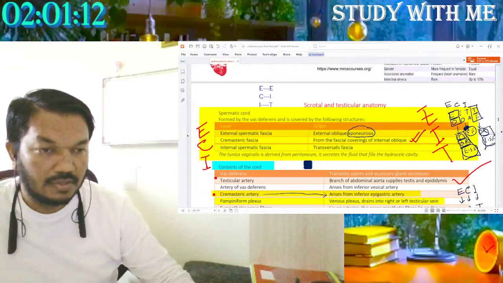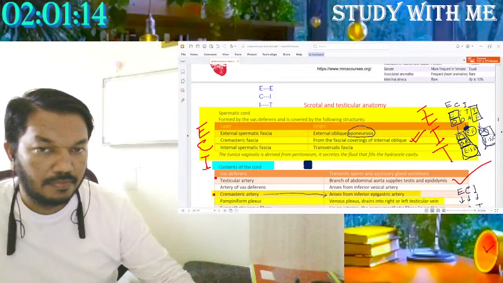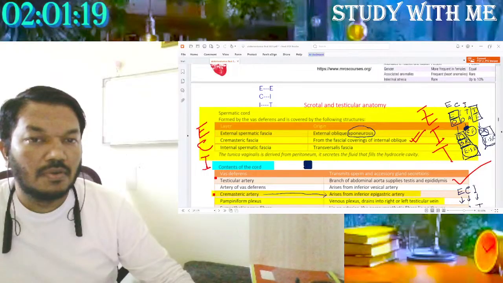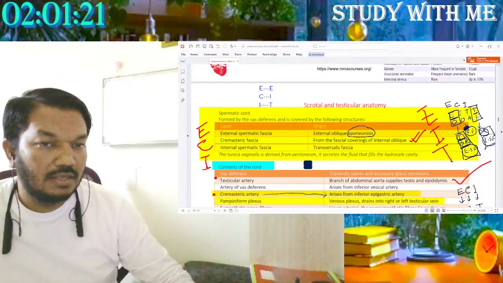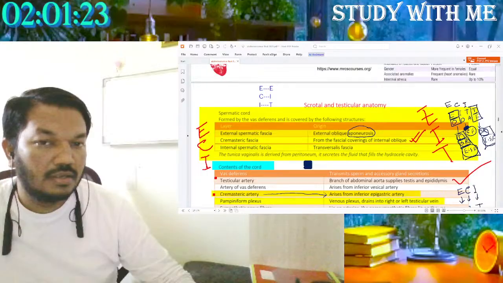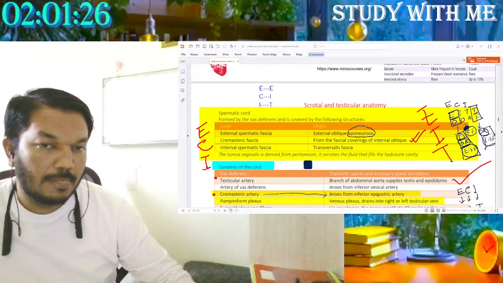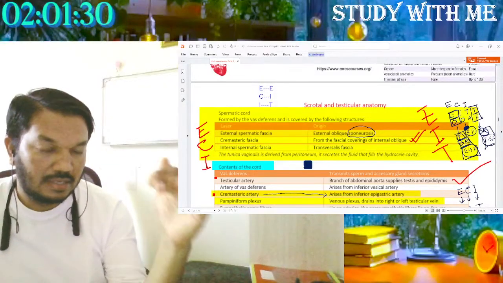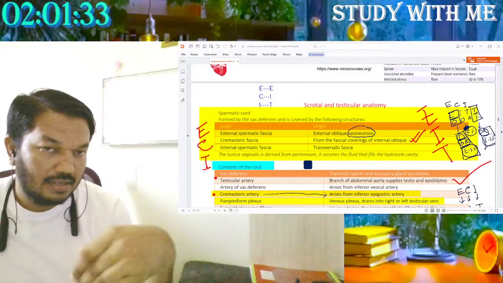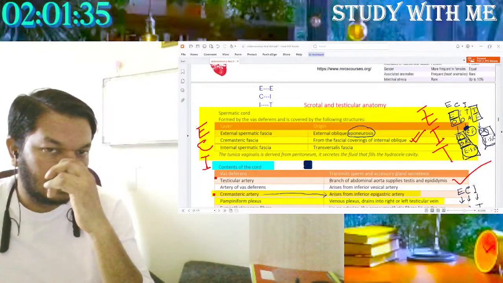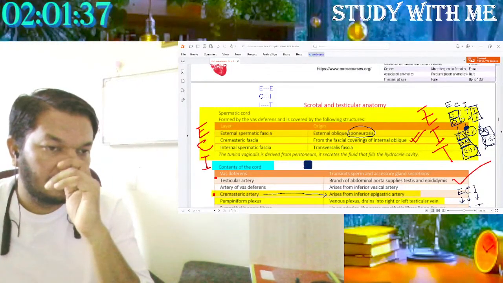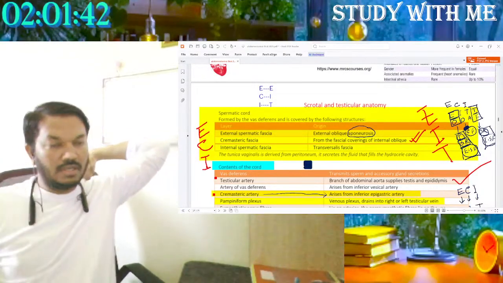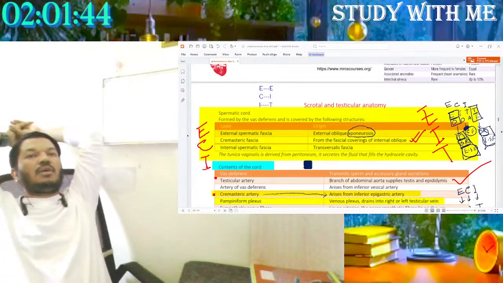External oblique aponeurosis, then internal oblique and transversalis fascia. External oblique, internal oblique, and then transversalis fascia. There is no transversus abdominis. You remember the layers of the anterior abdominal wall? Can you tell me the layers of the anterior abdominal wall?